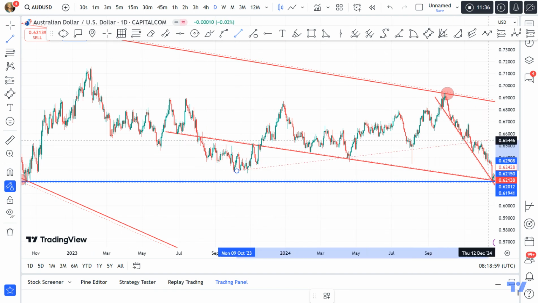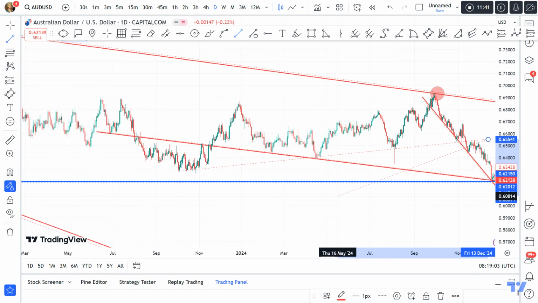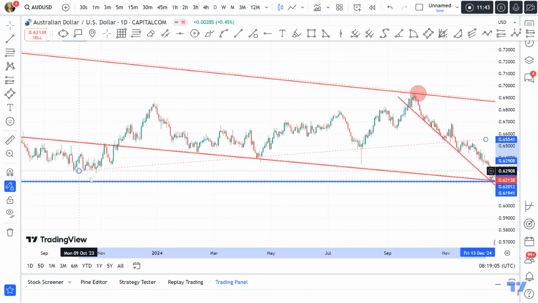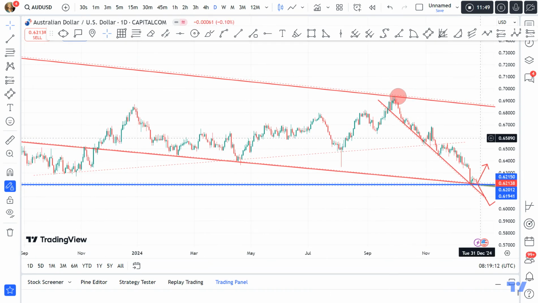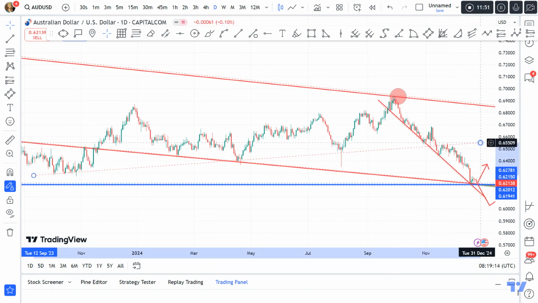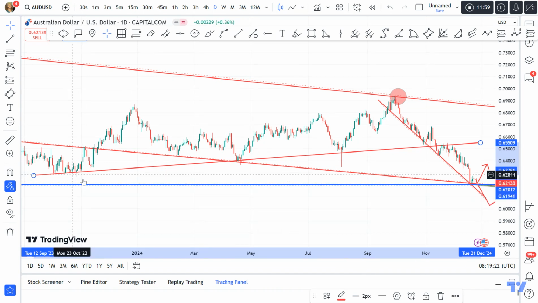You can see here a price build up of several buy and suddenly broke the structure.